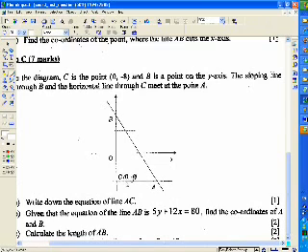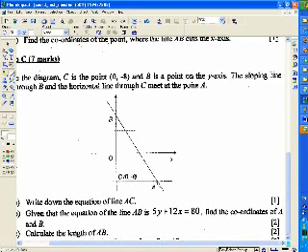Okay, we know that this is a horizontal line. So if it's a horizontal line, what is the equation of this line? This equation will be y equals to -8.